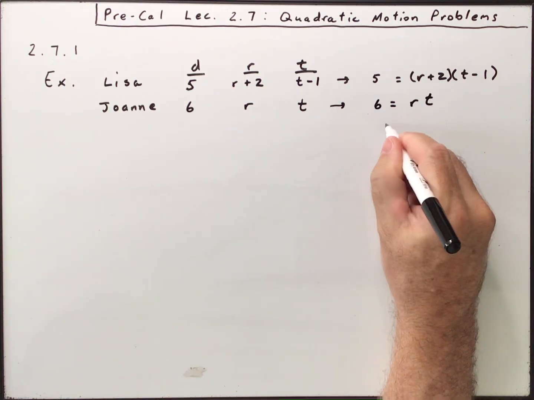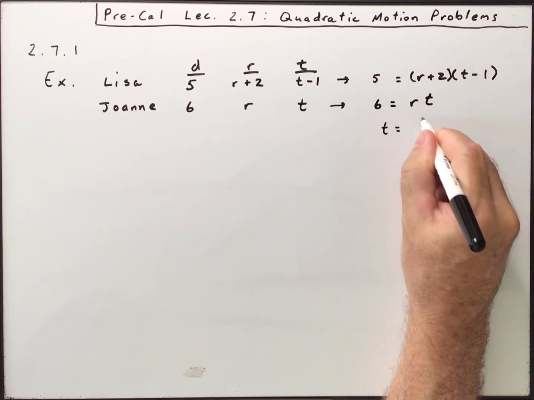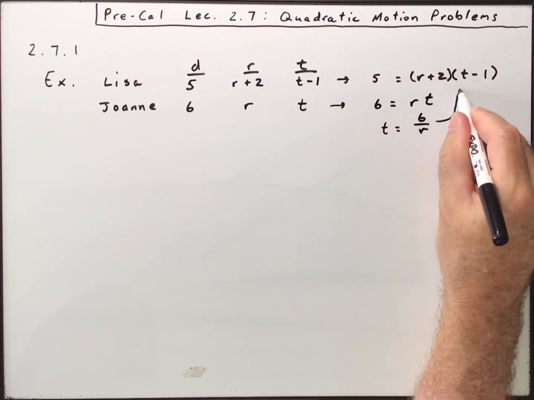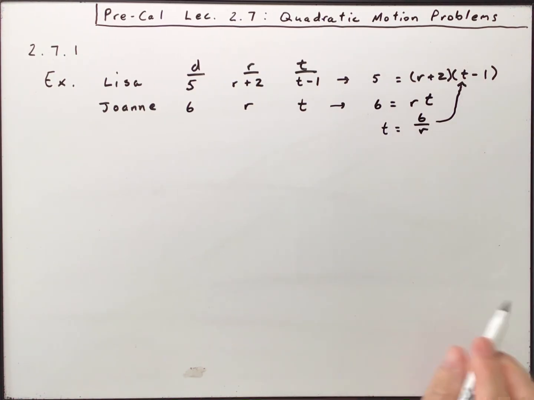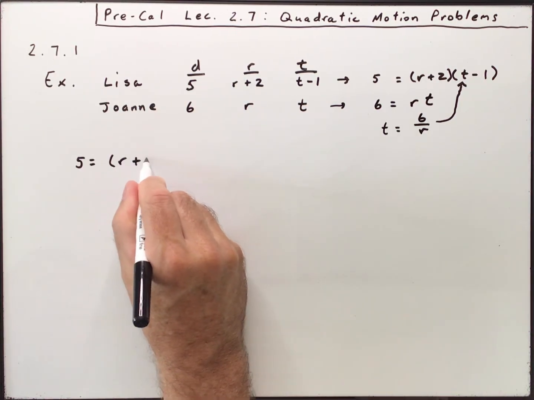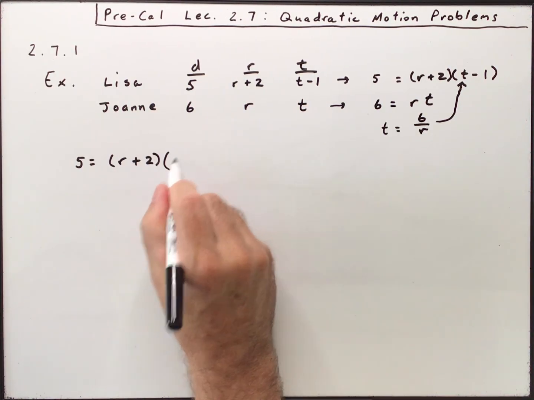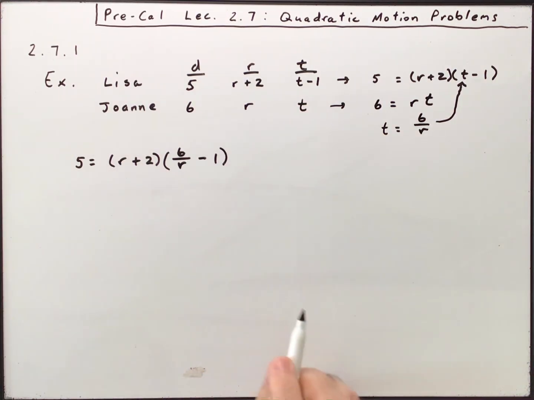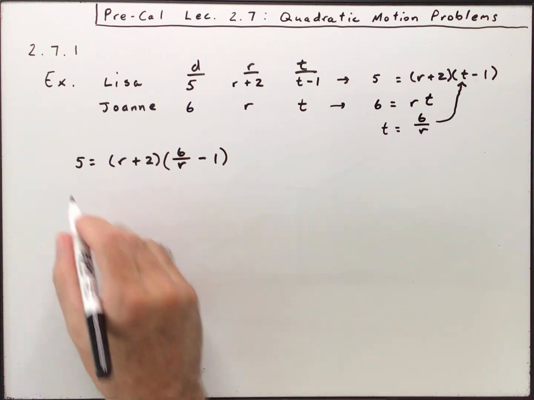How about we solve for time? Time is going to be 6 over r, and now I can substitute for t right there. So I would have 5 is equal to r plus 2 times 6 over r minus 1. Now we've got only r's.